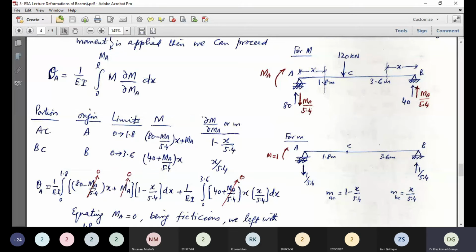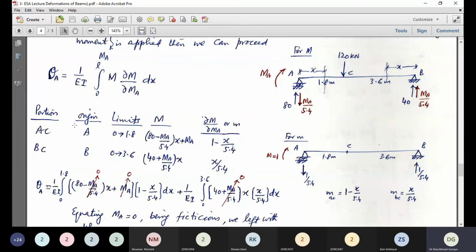So MA divided by 5.4, MA divided by 5.4. Then this beam will become in the state of equilibrium. We will use either this equation or you can use small m. Both options we can adopt.